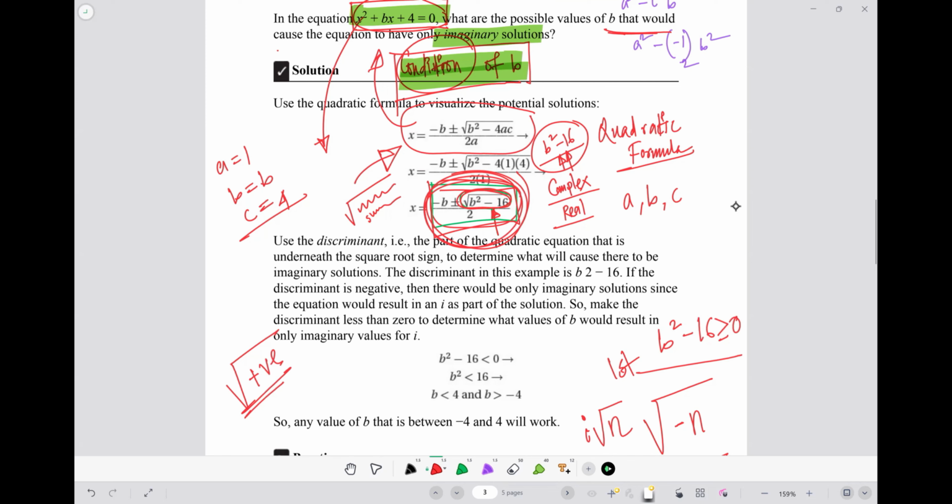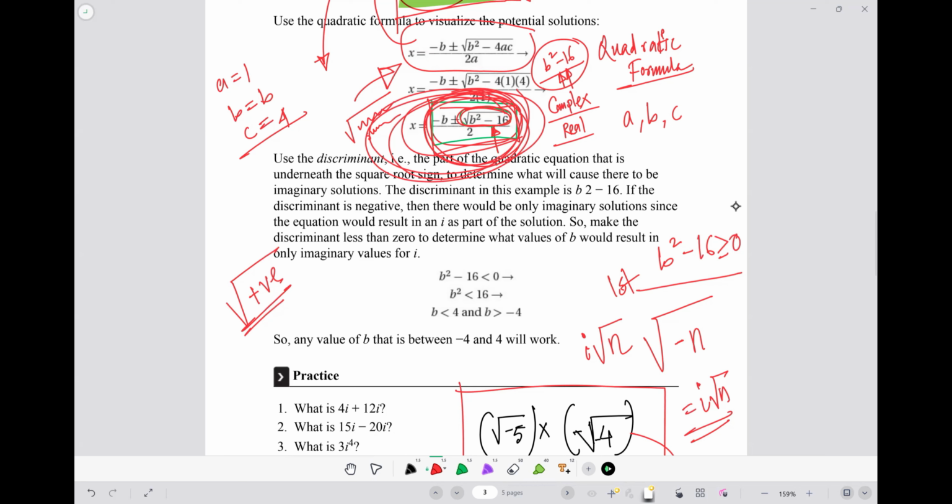And the only situation in which this whole expression can be imaginary is when the number under the root is negative.